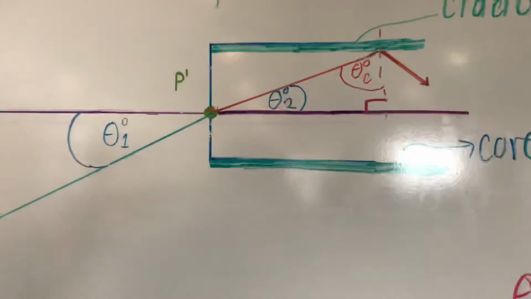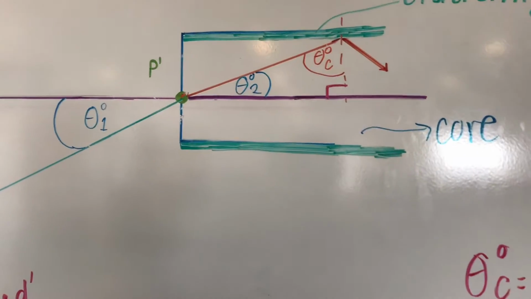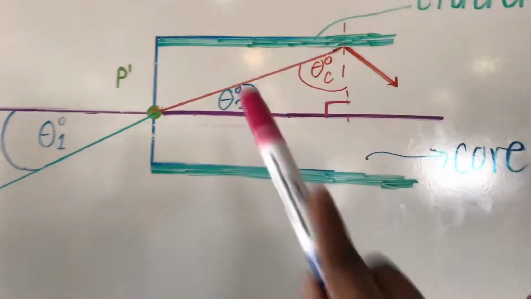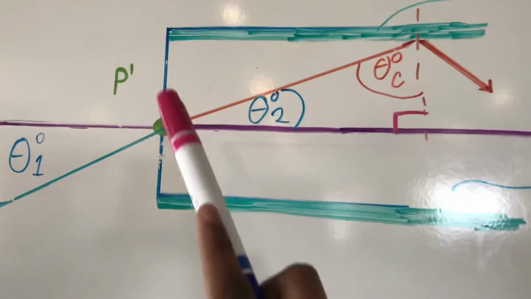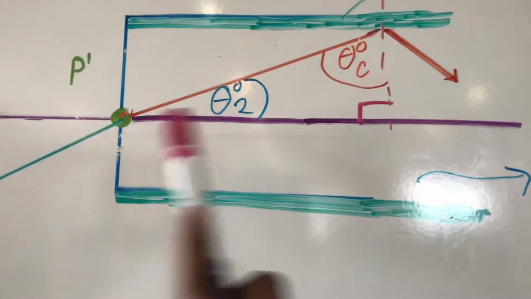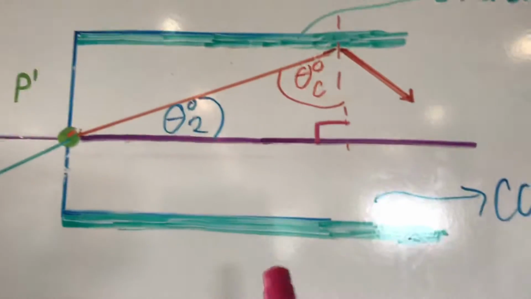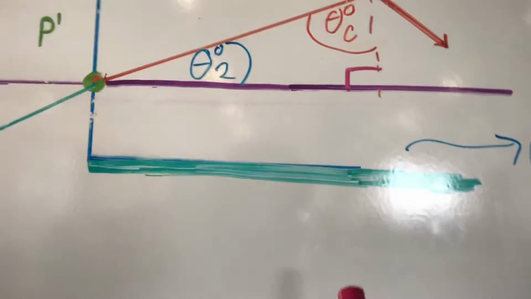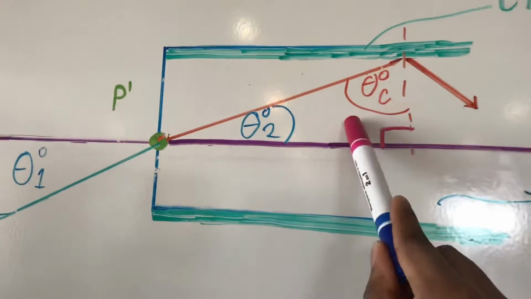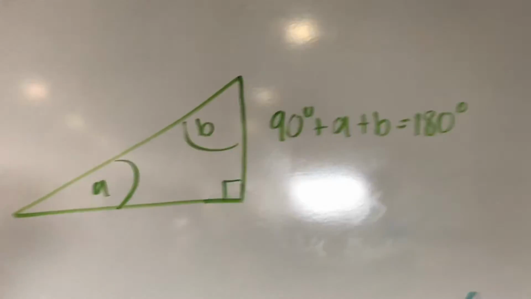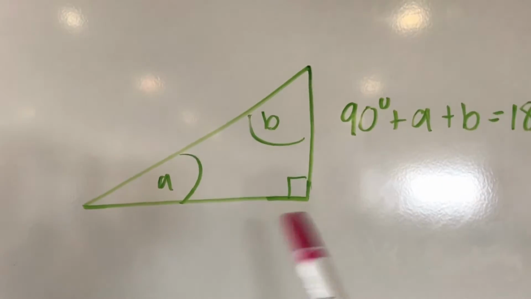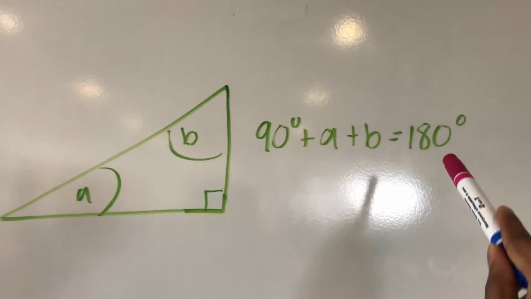Now this is also a key step, and it can be an area of difficulty to understand how to find this theta 2. But if we look closely here, we can see that this ray actually makes a right angle triangle. In this right angle triangle, you have your 90-degree angle, your critical angle and your theta 2. What we know about triangles is that all angles have to equal 180.